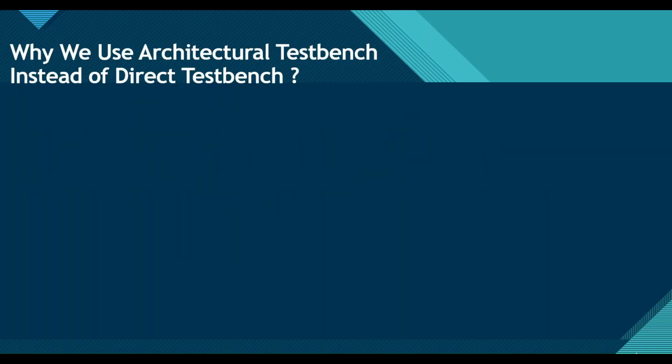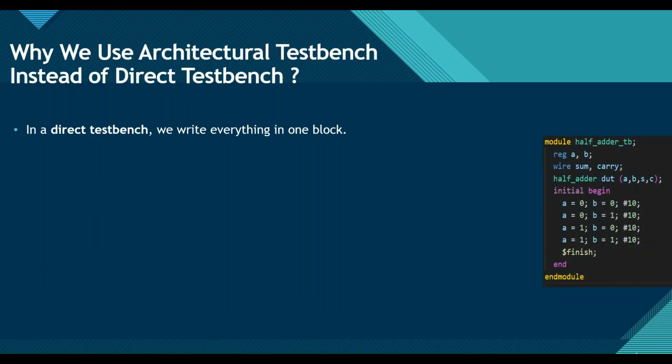Why do we use an architectural testbench instead of a direct testbench? In a direct testbench, we write everything in one block. This is the example of our direct testbench. Here I write everything in one module. This is the example of the half adder testbench. Here the outputs are declared as reg data type and the inputs are declared as wire data type.